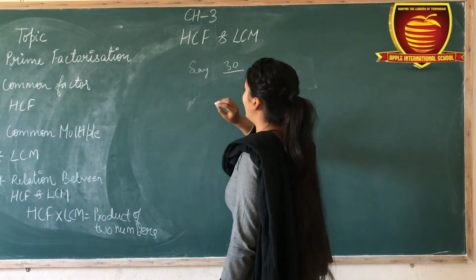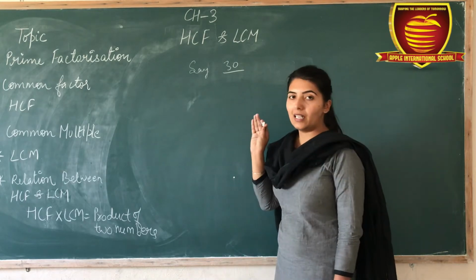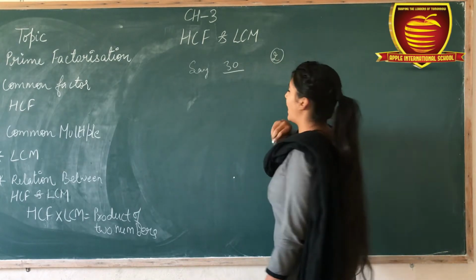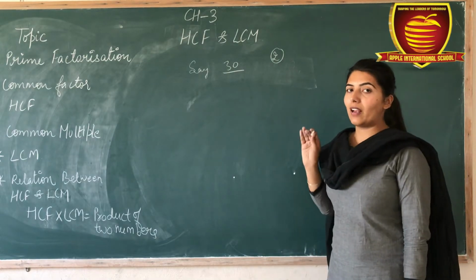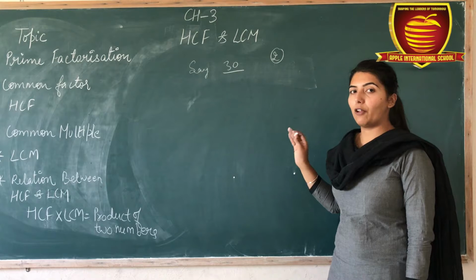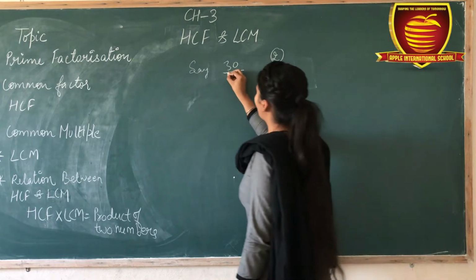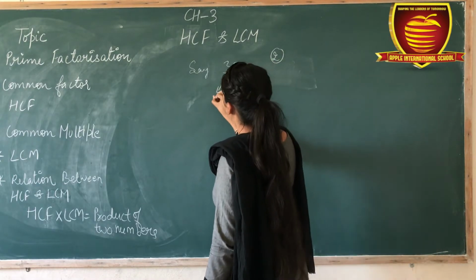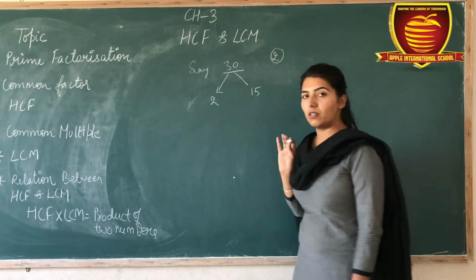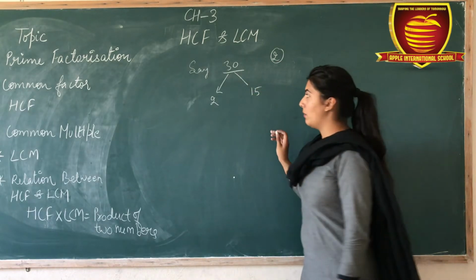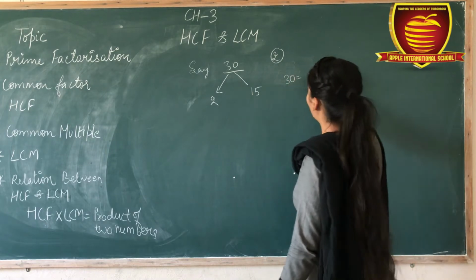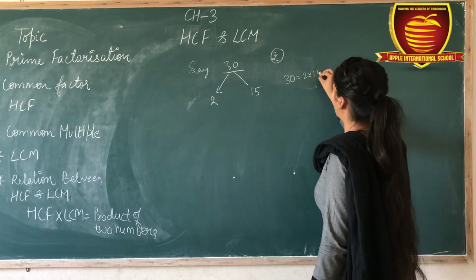The smallest prime number is 2, so we start splitting the number from 2, if it is possible. So split that number into 2 and 15. Is it clear? Firstly we split 30 into 2 and 15.